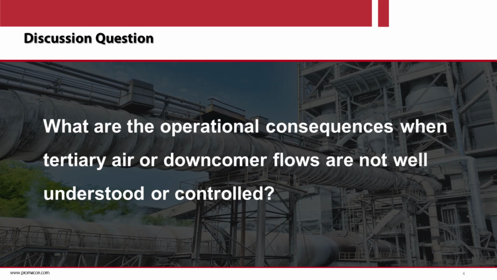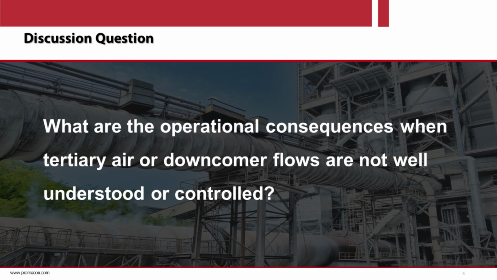As you know, in the literature, we should have, let's say, 15 to 17% of the draft from the ID fan passing through the tertiary air duct. So to be sure that we have that good ratio to keep the balance, we need a measurement of the flow. Most operators sometimes rely mostly on the pressure of the draft in the duct, which could fluctuate because of turbulence. It's better to get the flow, actually.